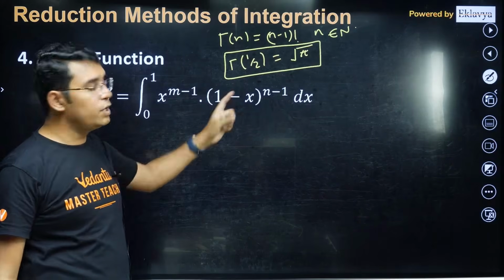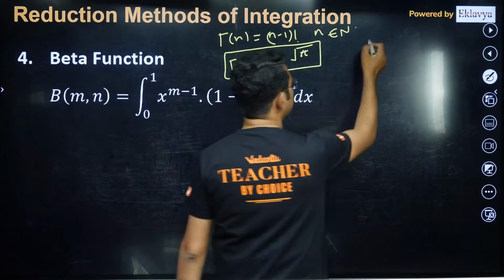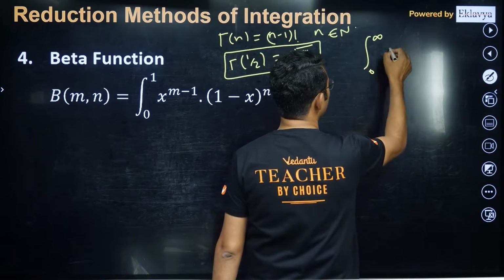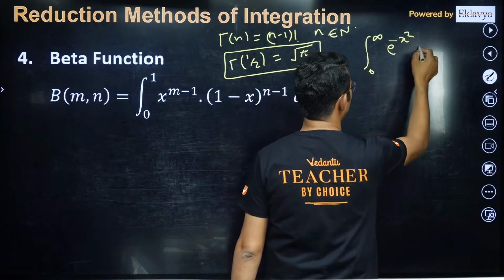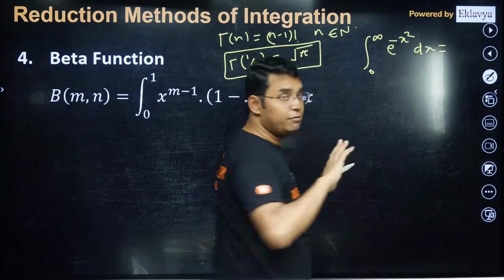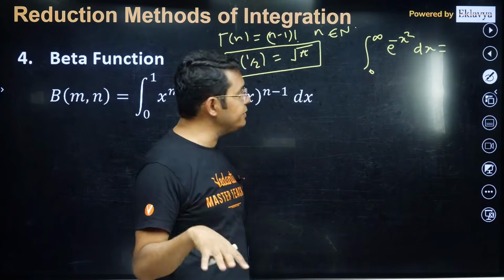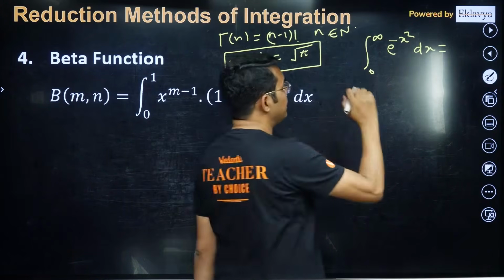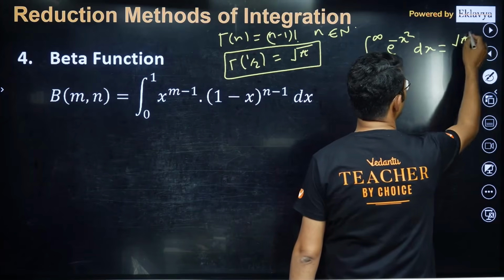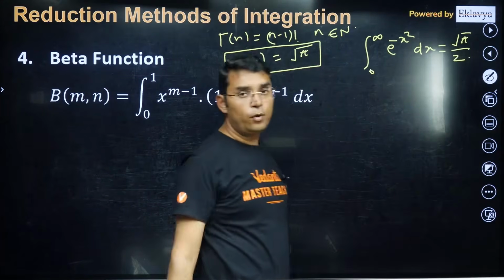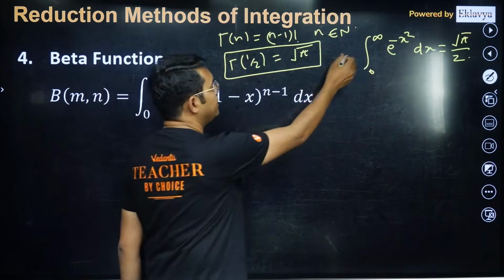So gamma half is equal to under root of pi. Actually, it is coming from that integral 0 to infinity e power minus x square dx, which has some different method that I will not discuss in today's session, maybe some other session. This comes out to be, if I'm not wrong, root pi upon 2. So using that you can get this also.